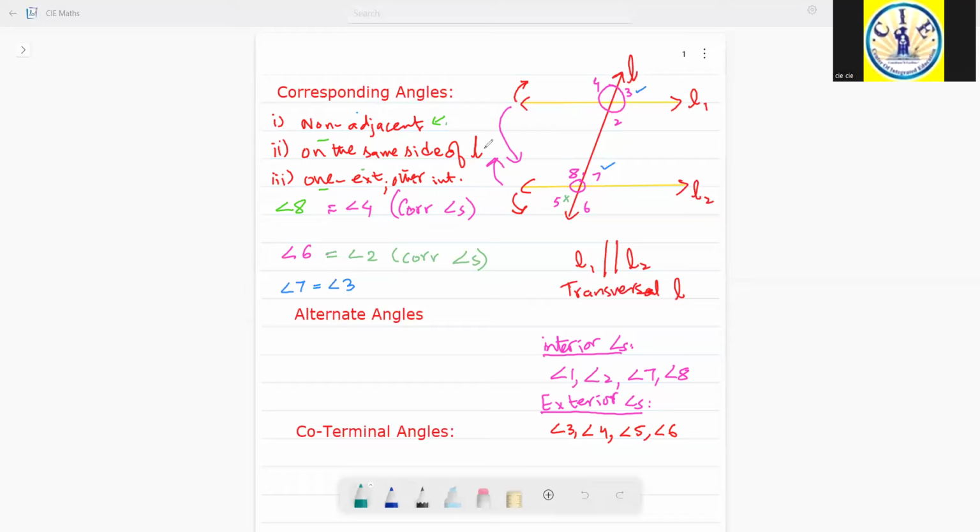On the same side of the transversal L, angle 7 is lying on the right. Angle 3 is also lying on the right. Then one exterior and the other interior. Angle 7 is an interior angle. Angle 3 is an exterior angle. So these three are the pairs of corresponding angles. In the same way, we can find out the corresponding angles to any other angle given in the question.